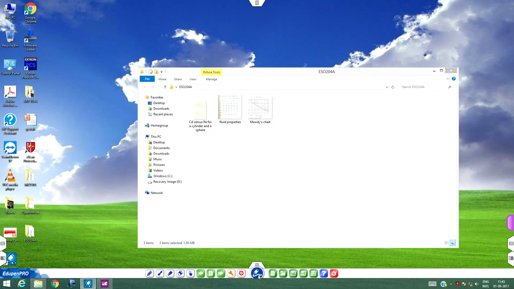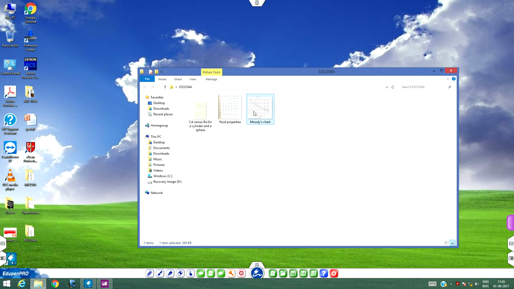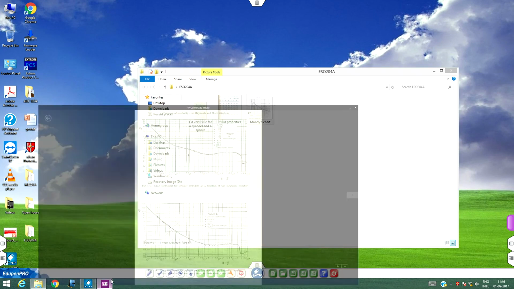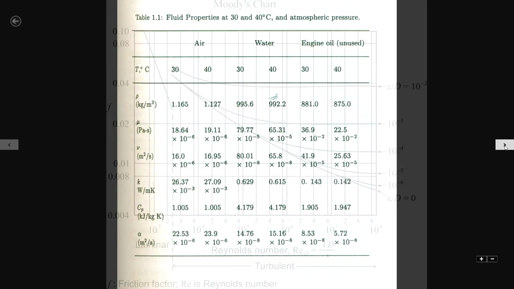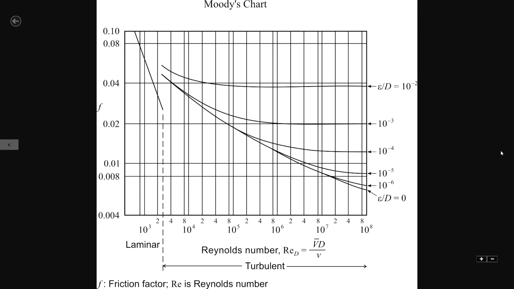Okay, so, this graph has been given to you. Let us see if I can show it. Here is the graph.